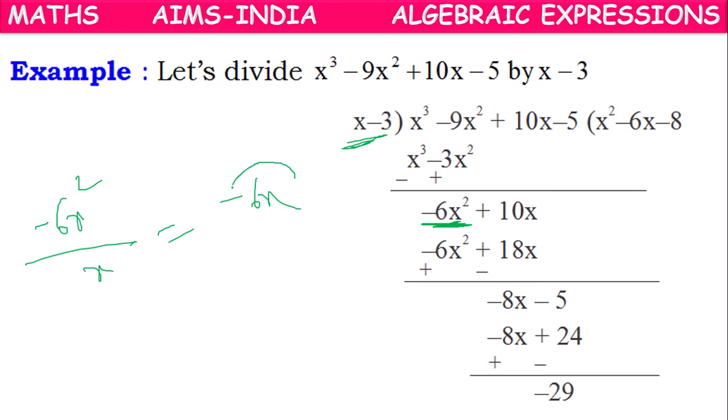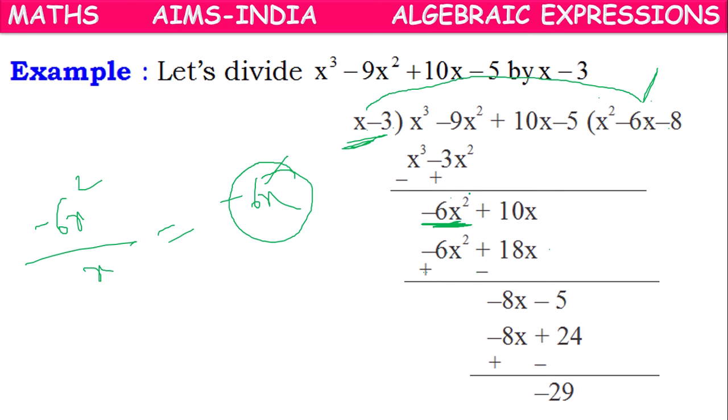So this will be the second term of the quotient. But with that, all terms are to be multiplied. Minus 6x into x, minus 6x square, minus into minus plus, 6 3 times 18x. We have to change the signs. It will become plus, it will become minus.